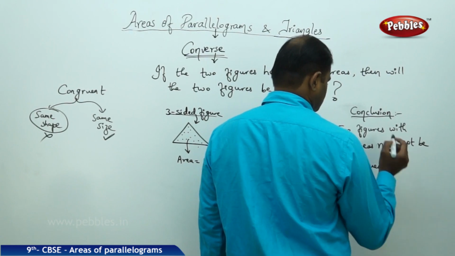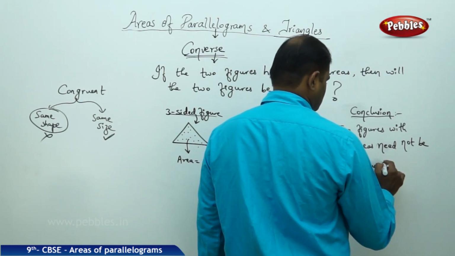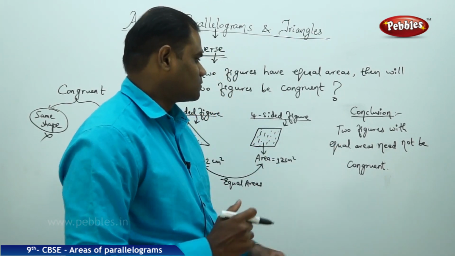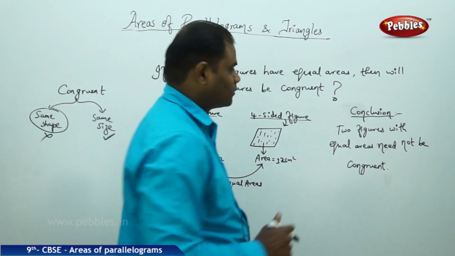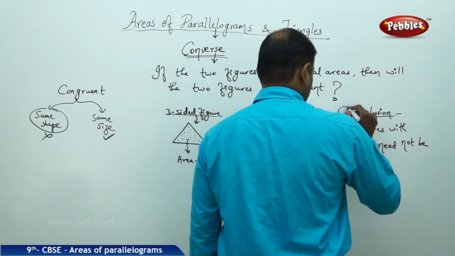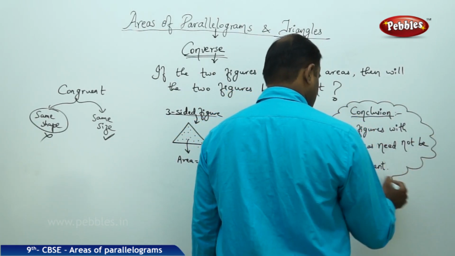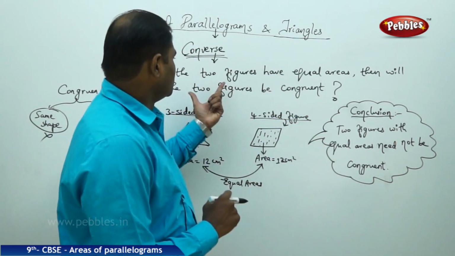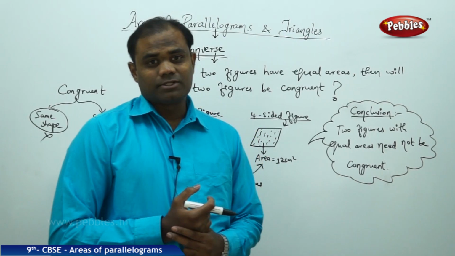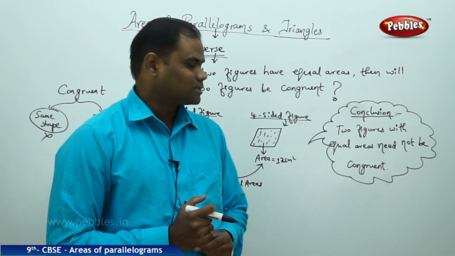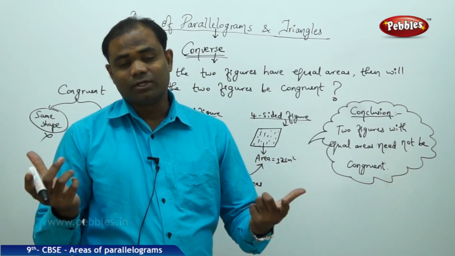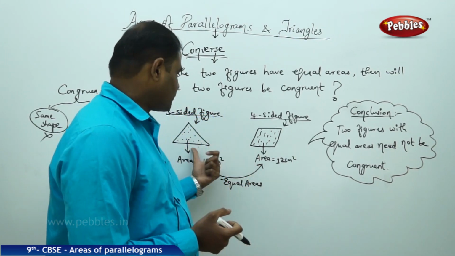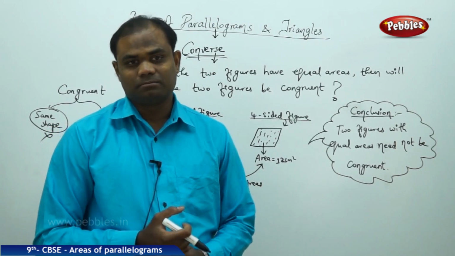That is how I conclude that two figures with equal areas need not be congruent. That is the conclusion in the converse. So the converse of the congruency statement says that two figures which have equal area need not always be congruent, just as in the case of the triangle and parallelogram.